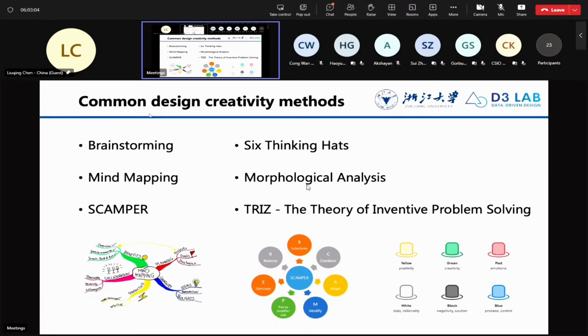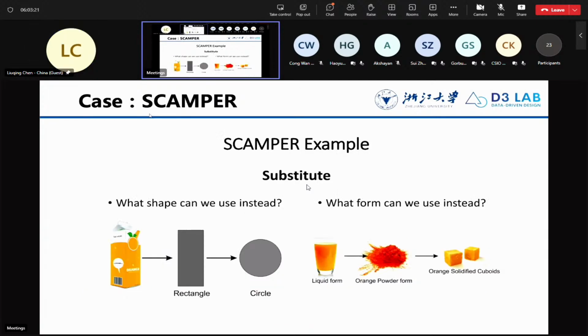We will take SCAMPER as an example. This method consists of 7 letters, and each one represents a way to augment our creativity. Let's take S as a case. S means substitute. When applying the substitute approach, we can use a circle instead of a rectangle in the packing design of fruit drink.